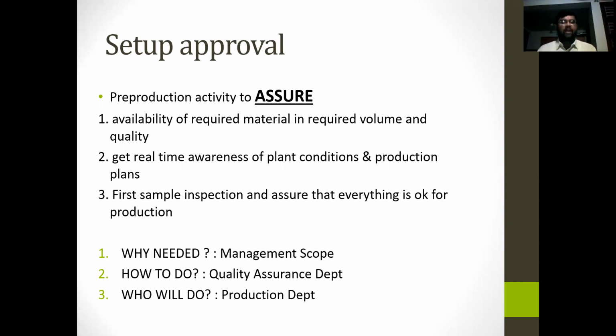Why it is needed is a money issue, so it is the management scope. How to do is decided by the quality assurance department, and who will do it? Of course, it is the activity for the production department.